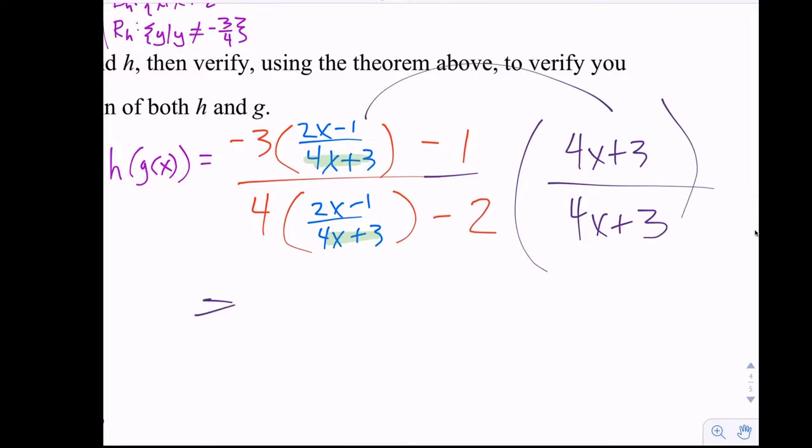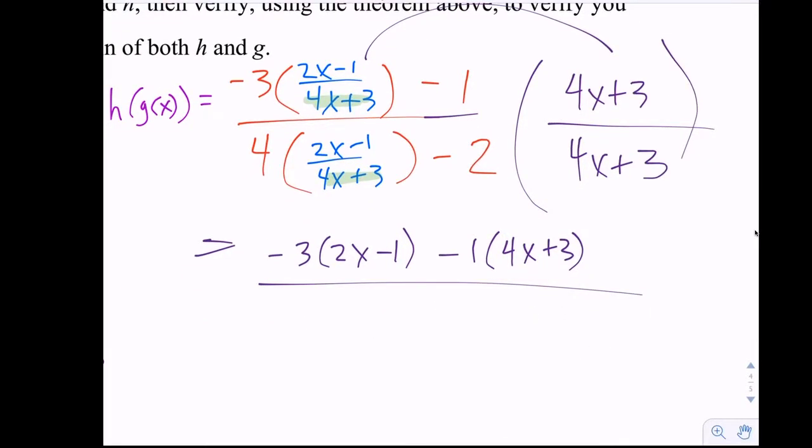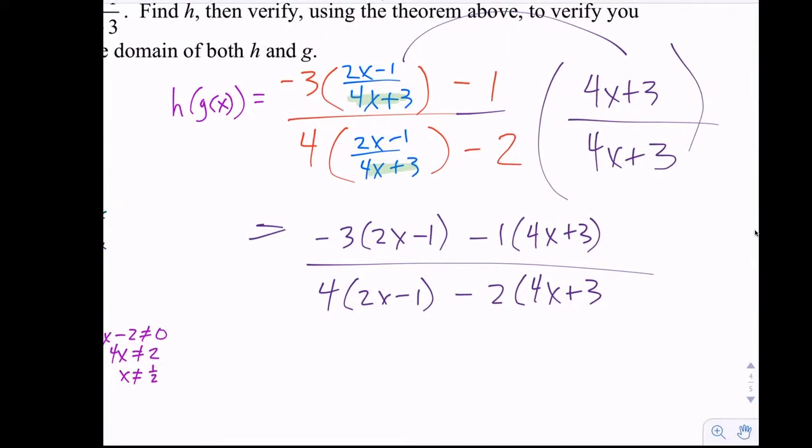When you distribute in the top, your 4x plus 3's divide out, and you're left with -3 times 2x minus 1, and then you're left with minus 1 times 4x plus 3 in the second term. In the bottom, when you distribute, you get 4 times 2x minus 1. Your 4x plus 3 divides out again, and you're left with minus 2 times 4x plus 3. Okay, so that is the magical step.